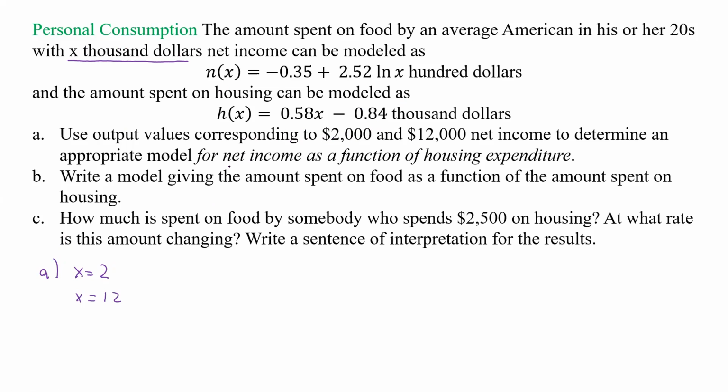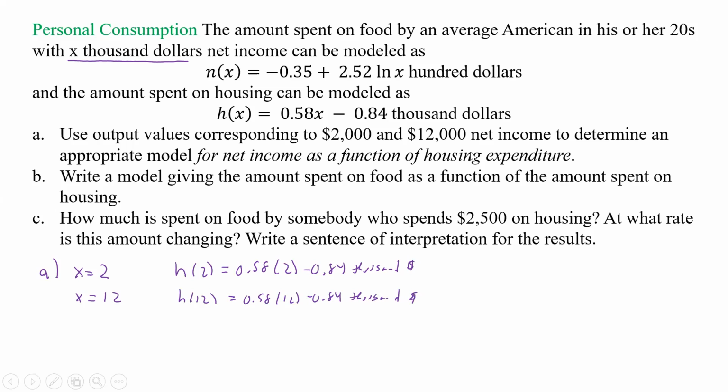For housing, that's the second equation. So we're going to have h of 2 equals 0.58 times 2 minus 0.84 thousand dollars, and h of 12 equals 0.58 times 12 minus 0.84 thousand dollars.